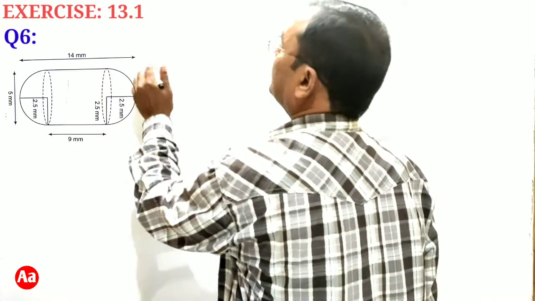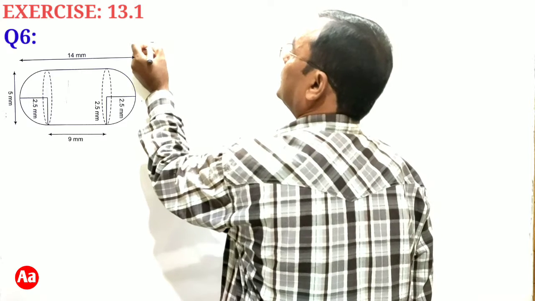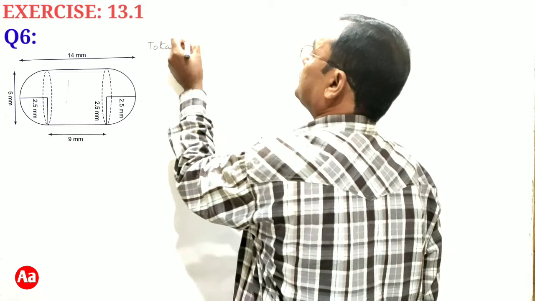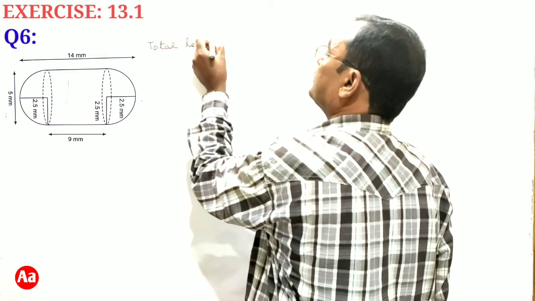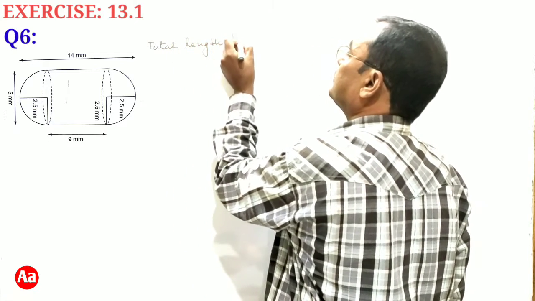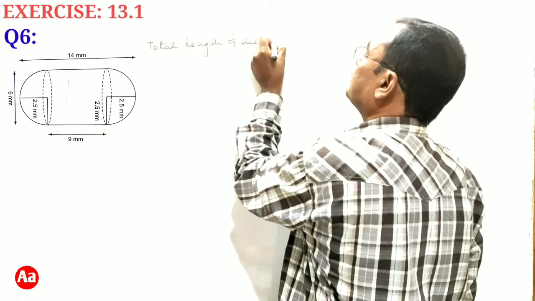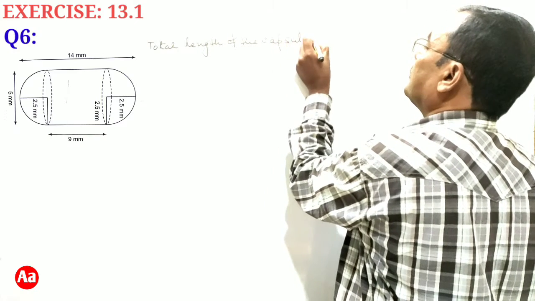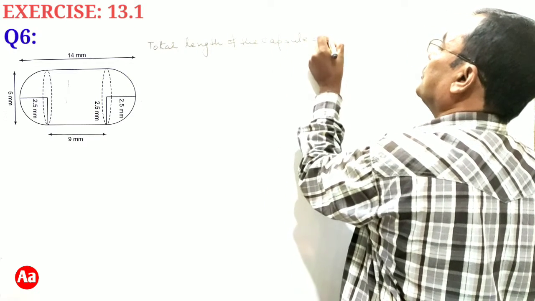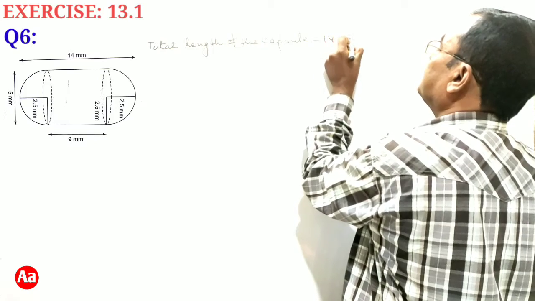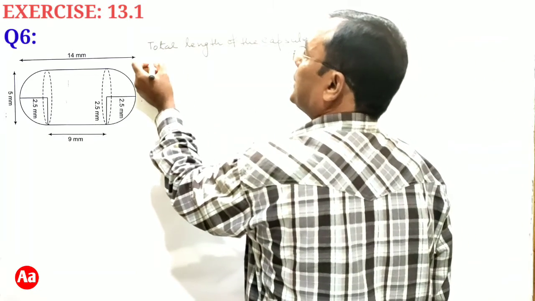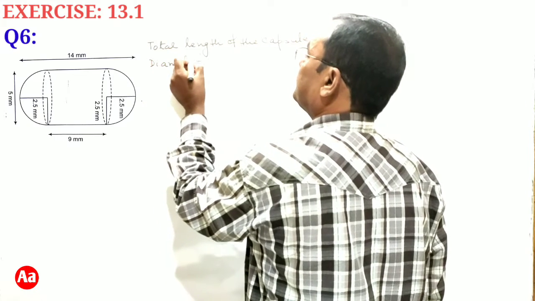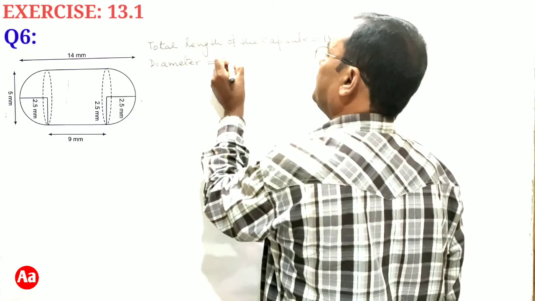The total length of the capsule is given as 14 millimeter. The diameter of the capsule is given as 5 millimeter.